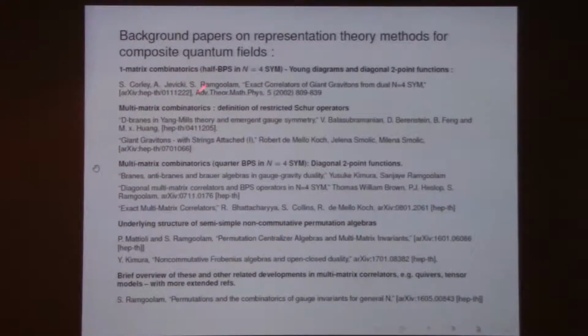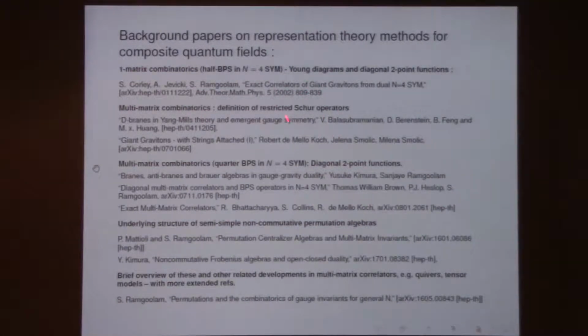So basically, this is one matrix combinatorics in connection with Young diagrams and diagonal two-point functions. And this had led to several developments in multi-matrix combinatorics, in particular the definition of what are called restricted Schur operators, where a lot of the students here have worked with Robert and they know quite a lot about this.